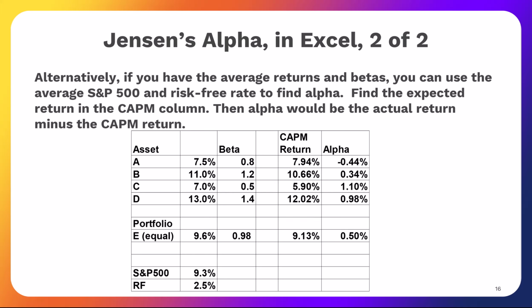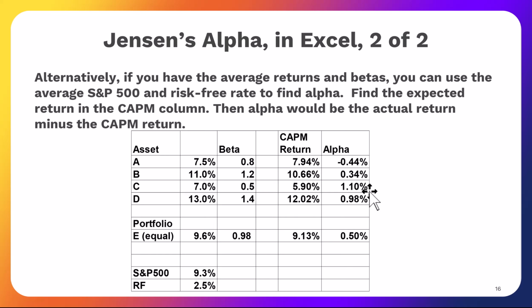Now, how can that be? That outcome can be due to a couple of things. It could be due to security selection, or it could be due to market timing. In this case, we see that asset A has a negative alpha. And negative means it's performing less than what we expected with CAPM.